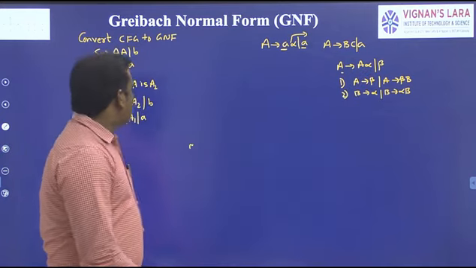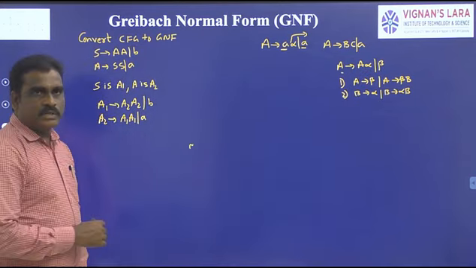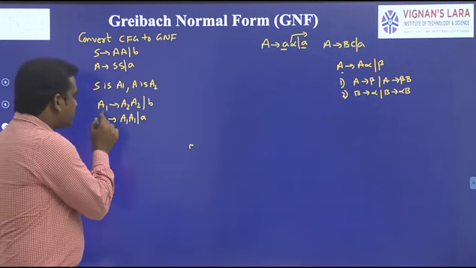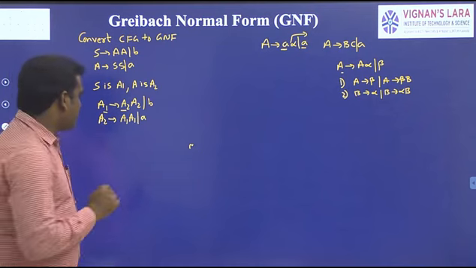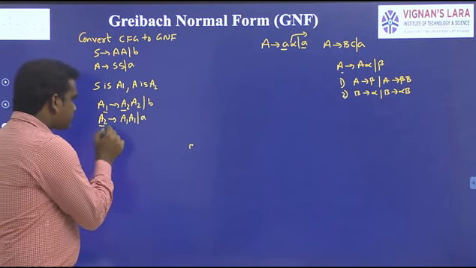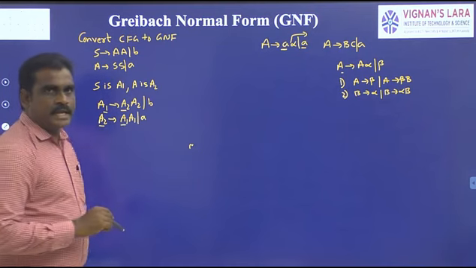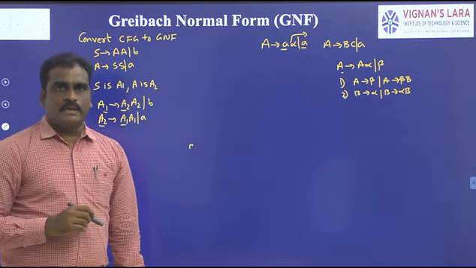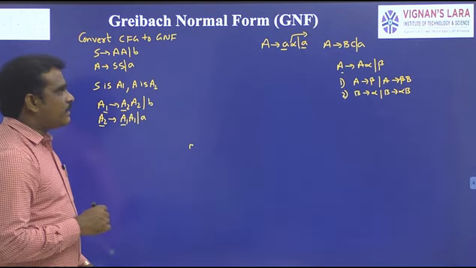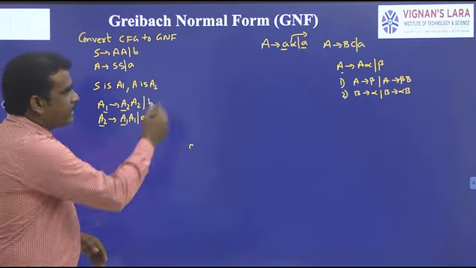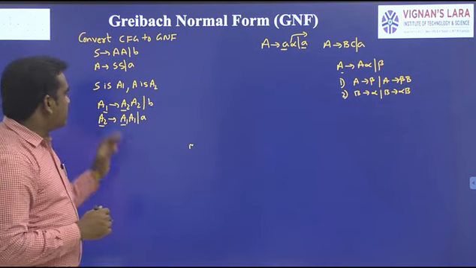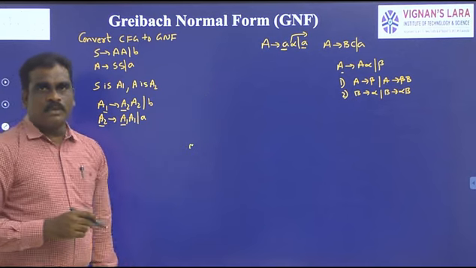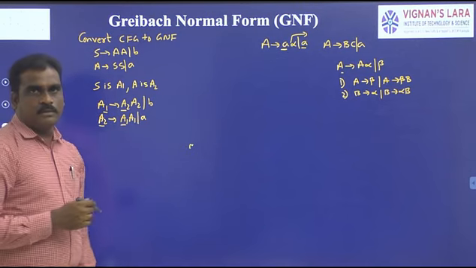If you observe these 2 productions, here the left hand side is A1 and this is A2; both are different. Now this is A2 and this is A1; again both are different. So first our aim is to convert this into left recursion form. How to convert this into left recursion form? By using the comparison operator.